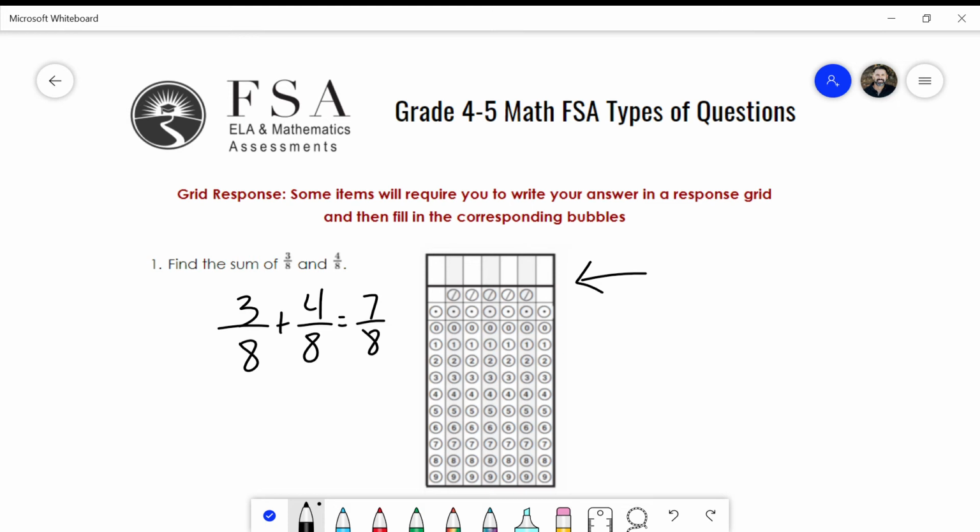I write the number 7, then the fraction symbol, which goes from corner to corner. You don't want to go straight up and down because that'll look like a 1. Then the last one is the denominator, which is the 8. So I have 7/8. Now I go down each column and bubble it in: the 7 for this column, the fraction symbol right there, and the 8. That's how you would bubble in an answer where you get a fraction that's less than 1.